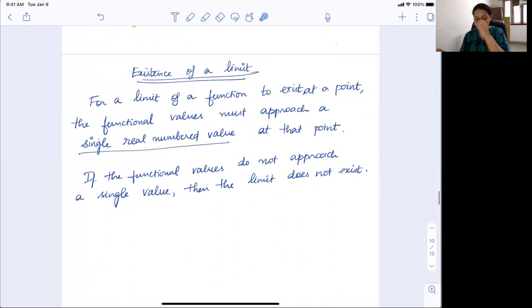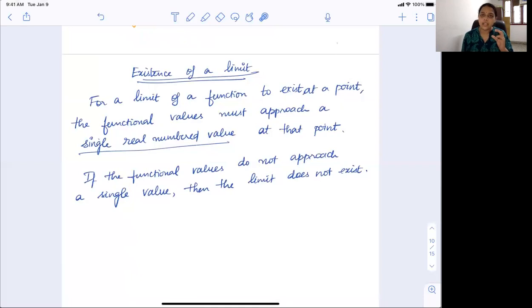Now, it's important to note here that when I talk about the existence of the limit, I'm referring to the limit being a single real number value. Anyway, you get the point.